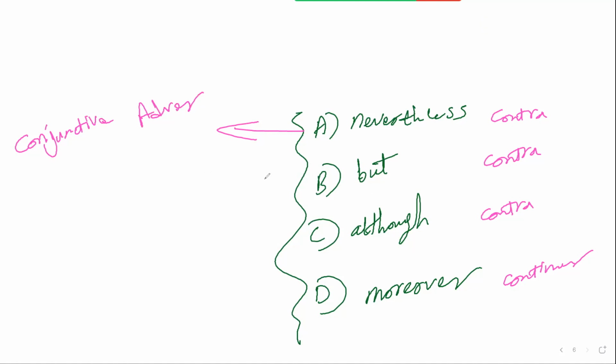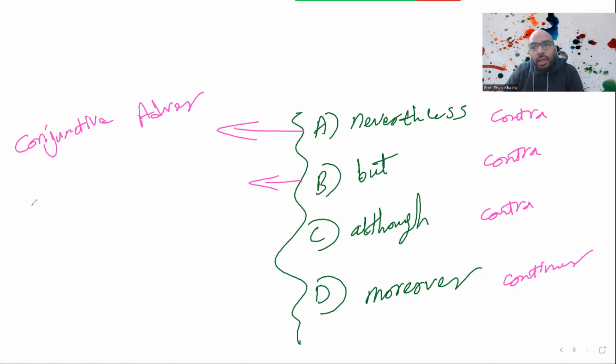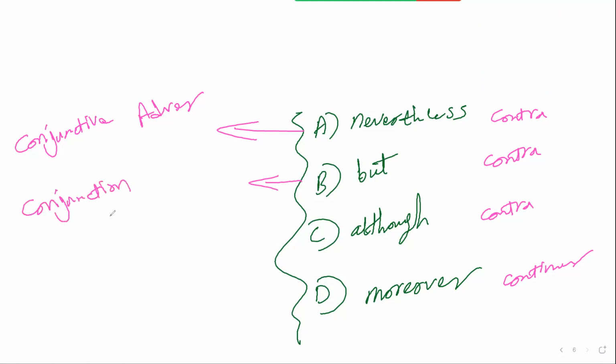And, but? It's fanboys. One of the fanboys. Conjunction. Excellent. That is a coordinating conjunction.